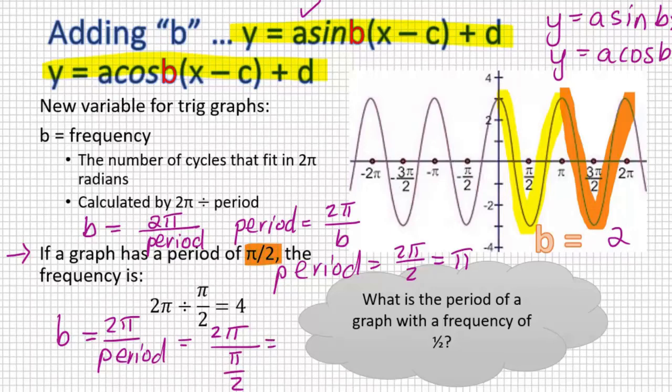That's a complex fraction, but we know how to deal with those. Let's rewrite this as 2 pi divided by pi over 2. We can't divide fractions, but we can multiply by the reciprocal. So we find 2 pi times 2 over pi, and find that 2 pi divided by pi.